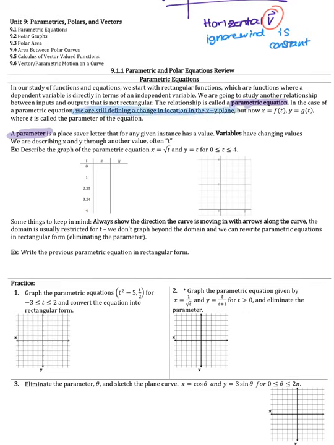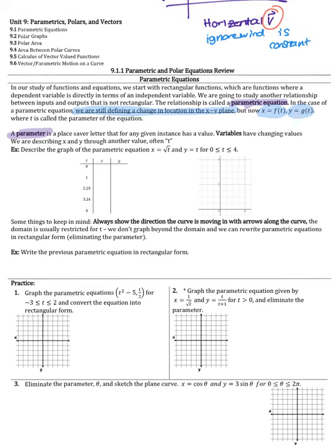We're still going to be graphing with parametric equations in the xy coordinate plane, but now we're going to be looking at x as a function of t and y as a function of t. And again, that t is called the parameter, which is basically just a placeholder for any given moment, right? T being time. At any moment, what's happening with x is calculated in one way, what's happening with y is calculated in another way. So let's go ahead and look at this example.